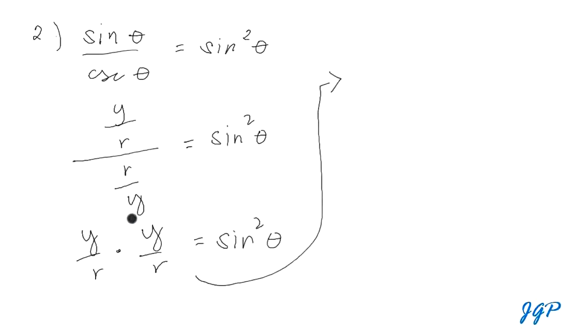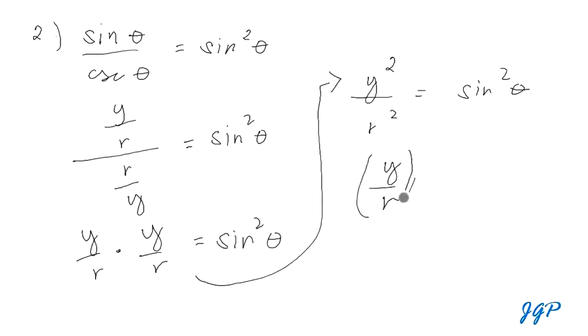So y times y, that is y squared, over r times r, that is r squared, is equal to sine squared of theta. And this one, pwede ko rin niyang isulat as y over r and then squared. Pareho lang yan, di ba? Is equal to sine squared of theta.